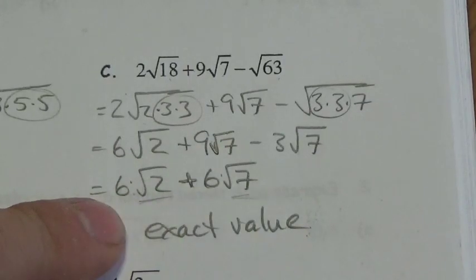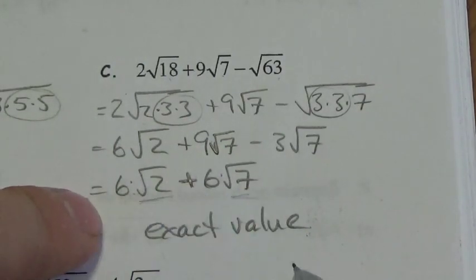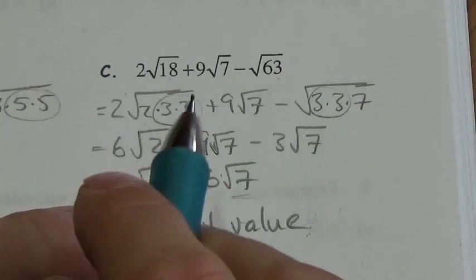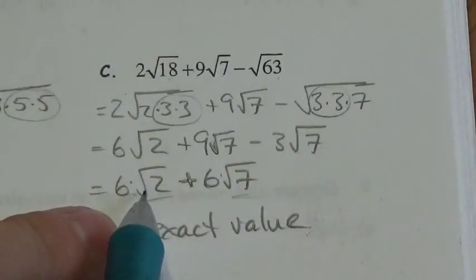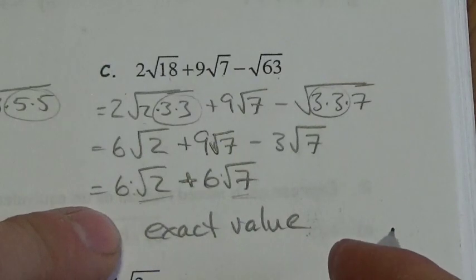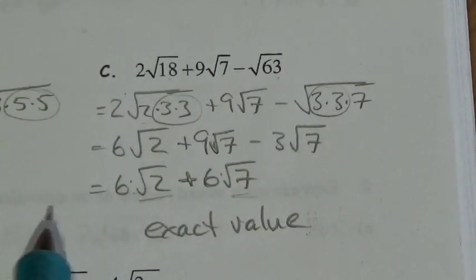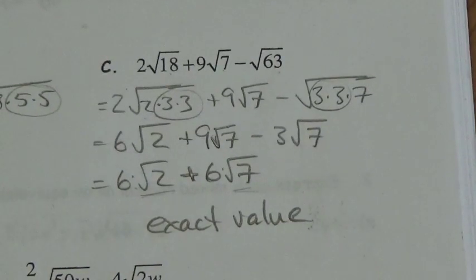You would need to multiply those together and then add. But because I don't know exactly to an infinite precision what the root of 2 is or what the root of 7 is, I can't actually add those together and get an exact value. I'm done. It takes some practice to get used to how to recognize that.